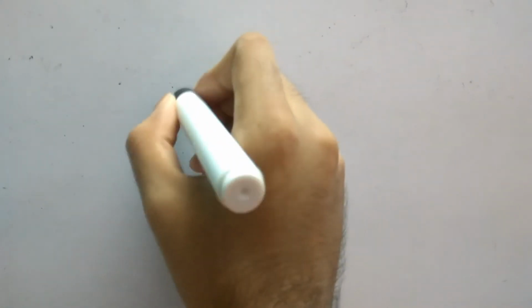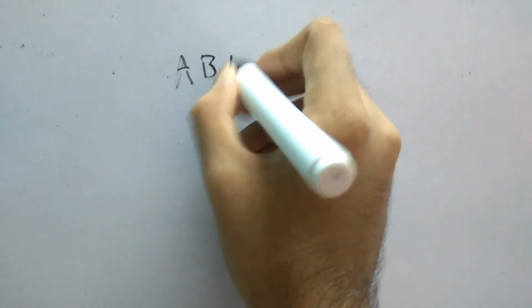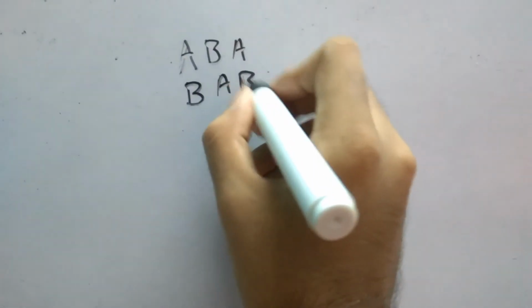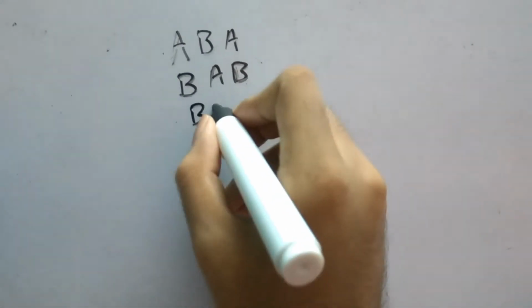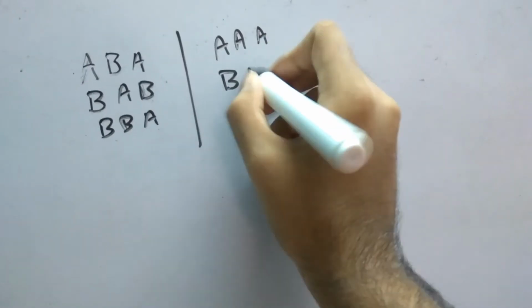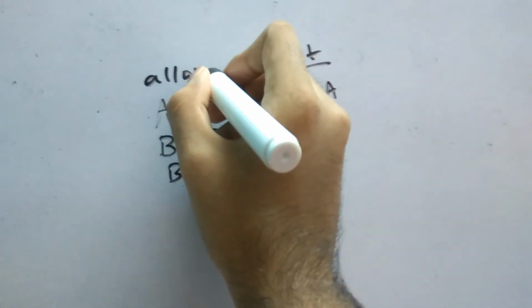So let's say the only possible way to fuse is when the input string is like ABA or BAB or any combination like BBA. So basically what this means is that what is not allowed is 3 A's or 3 B's. So these are not allowed, and these are allowed.